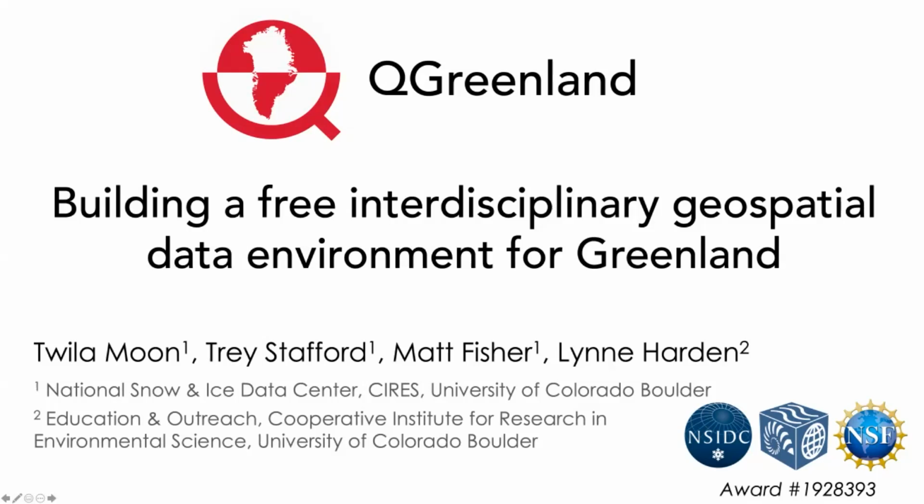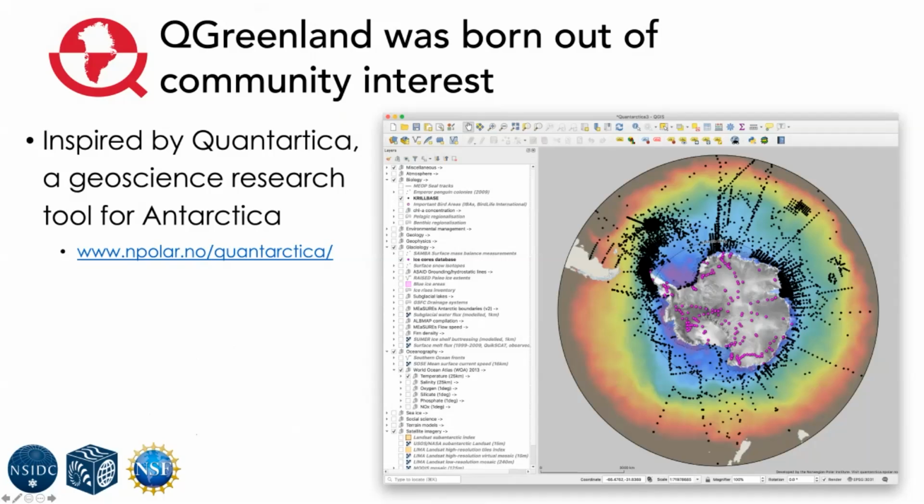QGreenland was an idea several years in the making. In 2013, the Norwegian Polar Institute developed and released Quantarctica, a free open-source GIS tool for researchers, educators, operators, and managers focused on Antarctica.